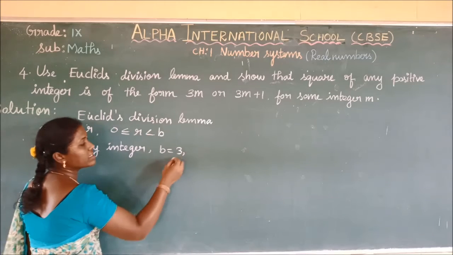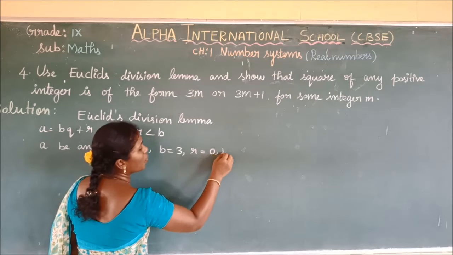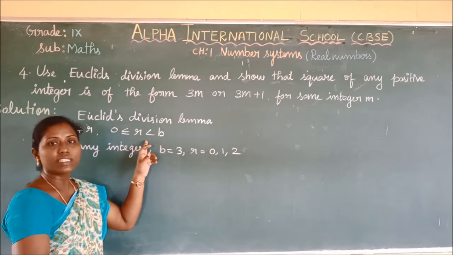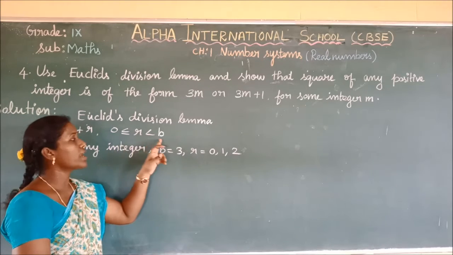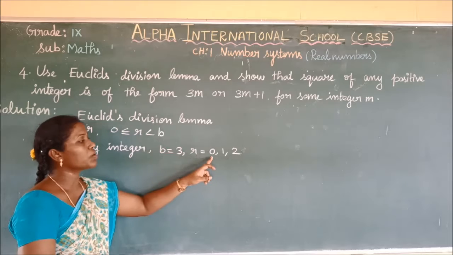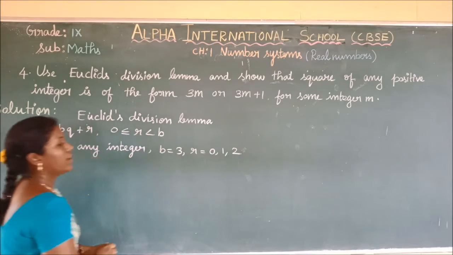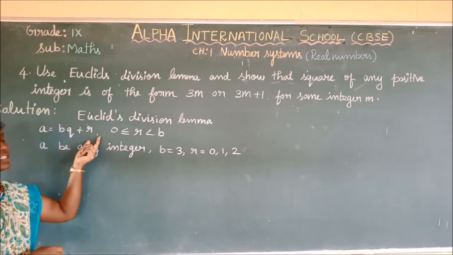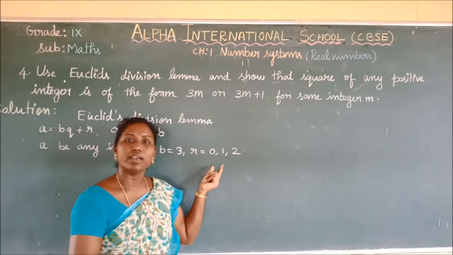And what about r? r is equal to 0, 1, 2, because r should be greater than or equal to 0 and less than b. Now we wrote the general things we needed: Euclid's division lemma, and what about a, b and the remainder.